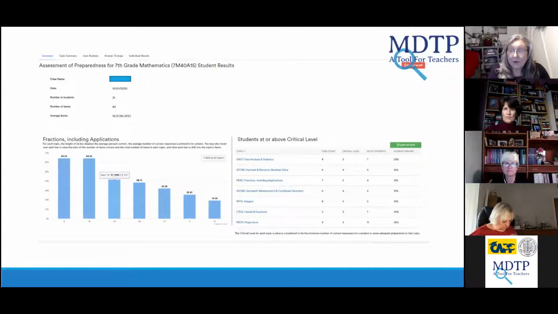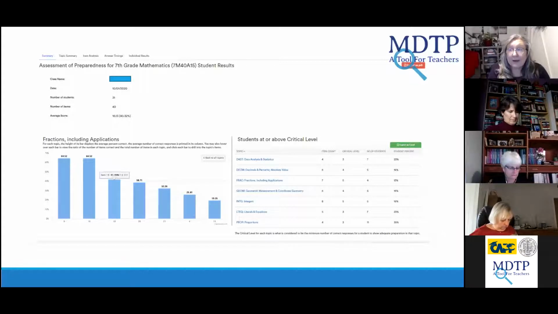And going down this list, I see that only 13% of the 31 students have met that critical level for fractions, which is not too surprising in all actuality.